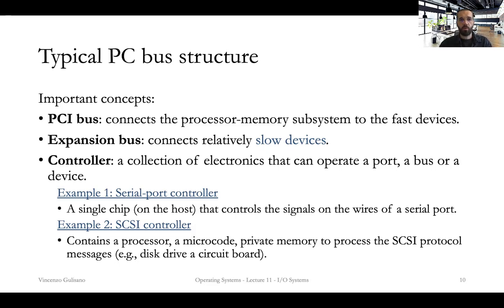You have the serial port controller, for example, which can be a single chip. You have the SCSI controller, that is the small computer system interface controller, which actually contains its own dedicated processor, microcode, private memory, and so on to actually do the translation. This is used, for example, for specific storage units.